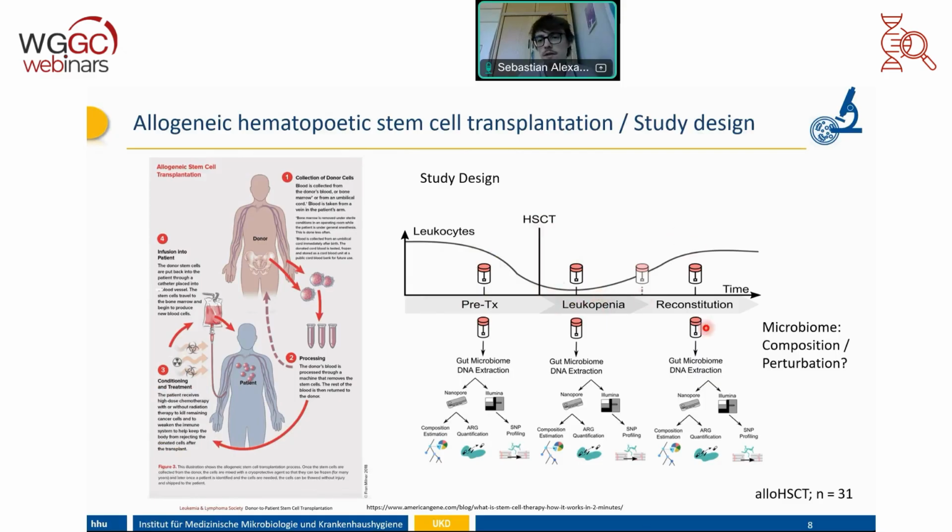And then you have the phase of the reconstitution, where the donor cells build up the new immune system for the patient. And during these time points, we collected stool samples from these patients and extracted the DNA and analyzed them with nanopore, some of them also with Illumina, but I will come to this later.